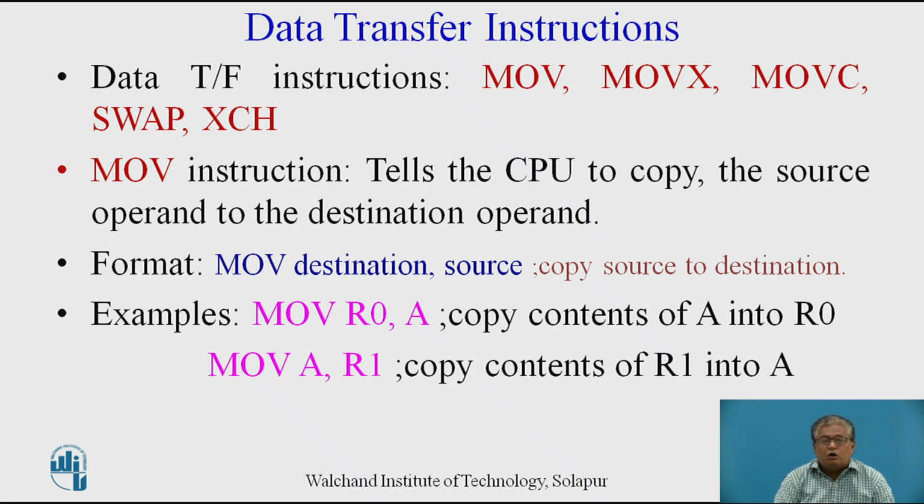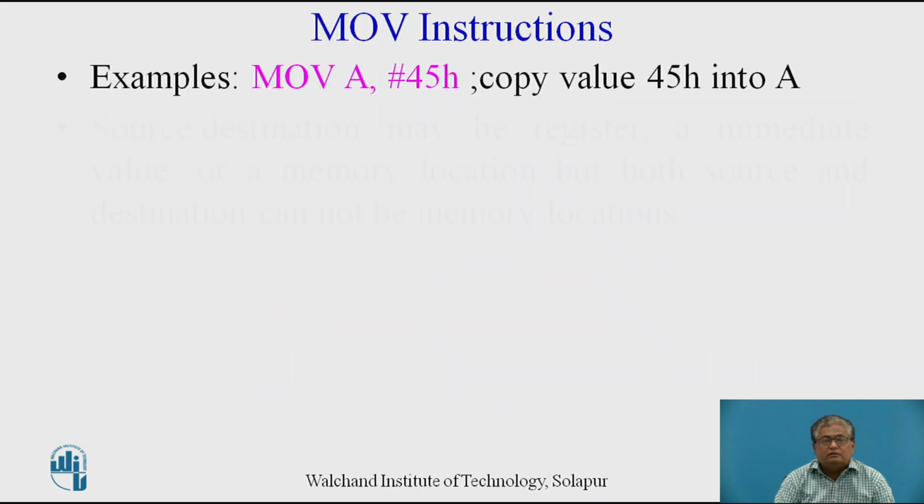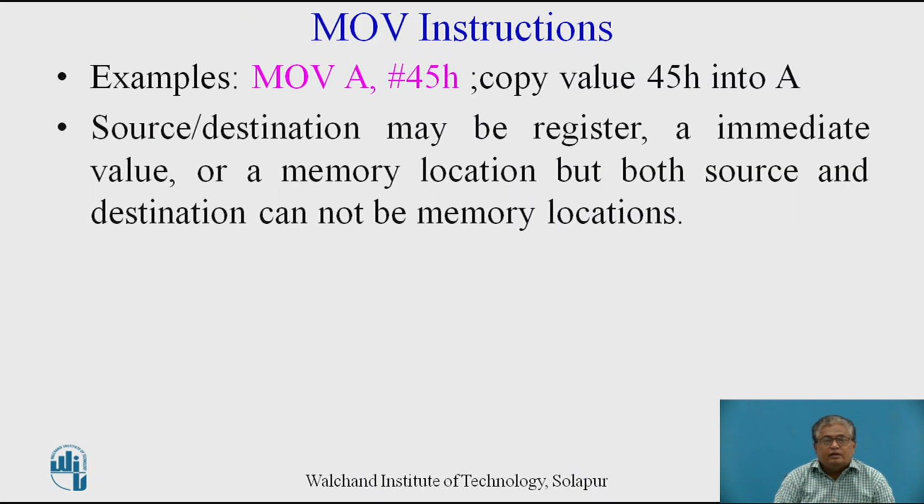This instruction copies the contents of register R1 into the register A. One more example, MOV A, #45. This hash indicates that 45 is the value itself. So copy the value 45 into the register A.